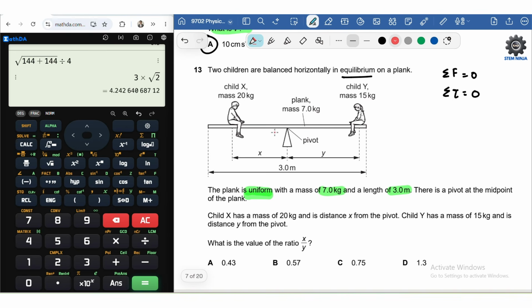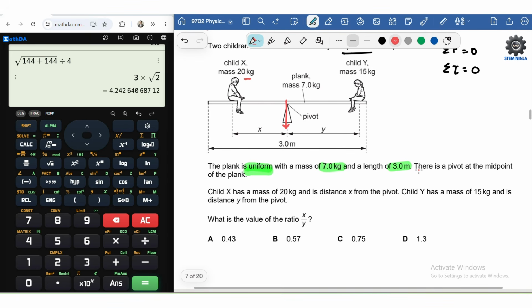There is a pivot at the midpoint of the plank, so the weight will not have any moment about the pivot. Child X has a mass of 20 kg and is a distance x from the pivot. Child Y has a mass of 15 kg and is a distance y from the pivot. What is the value of the ratio x over y?